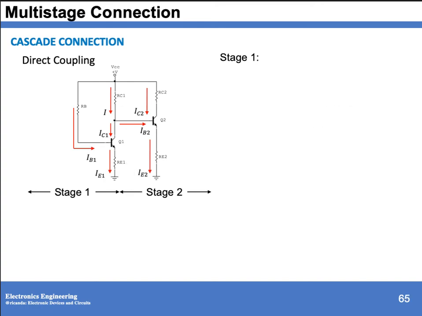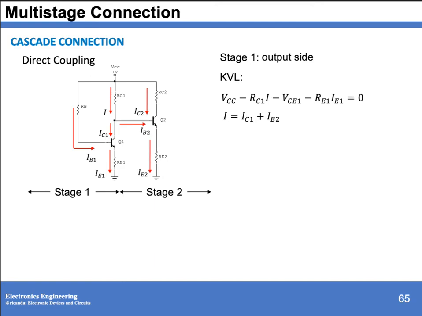Then stage 1 output side, applying your KVL, we have VCC minus RC1 times I minus VCE1 minus RE1 IE1 equals 0. Your I is equal to IC1 plus IB2. We know already the value of your IC1, but we don't know the value of IB2.